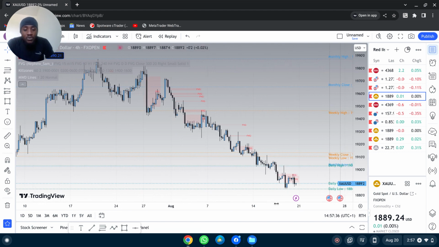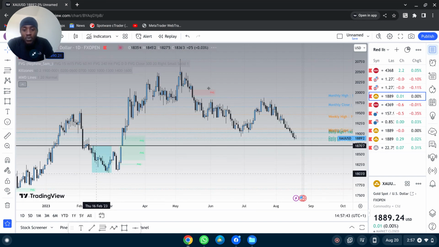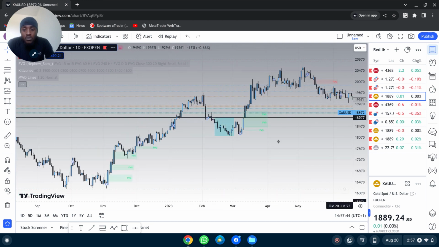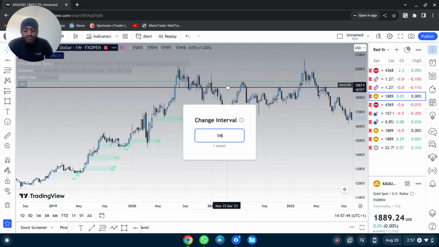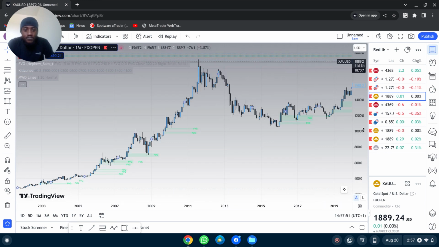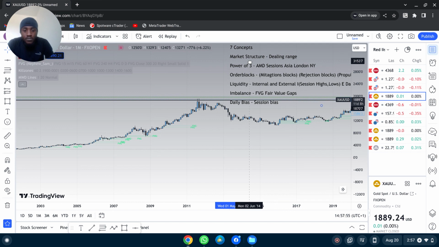See how the channel goes, but hopefully what I've told you is a very good guide to ICT's concepts. Market structure, power of 3, order blocks.